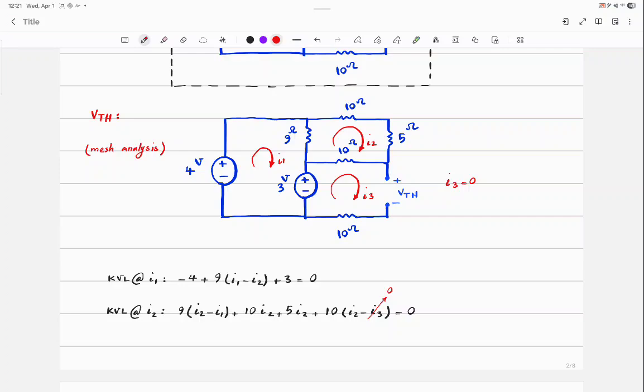Okay, so do I need to write the KVL around I3 as well? Well, if you are looking to find the currents, no, you don't need to, because the current of that specific mesh is 0 since it's open. So give it to your calculator and give me the value of I1 and I2.